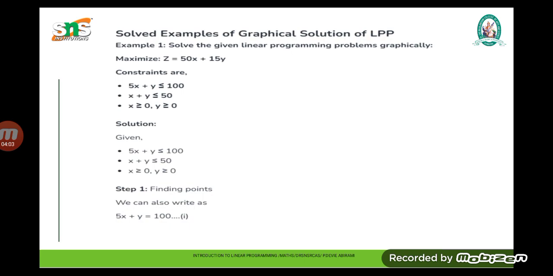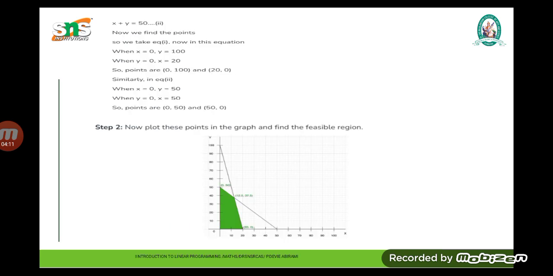By the algorithm, I am going to substitute x is equal to 0 in my first equation so that I will get my point as 0, 100. And when I substitute y is equal to 0 in my first equation, I will get x is equal to 20. So my points are 0, 100 and 20, 0.